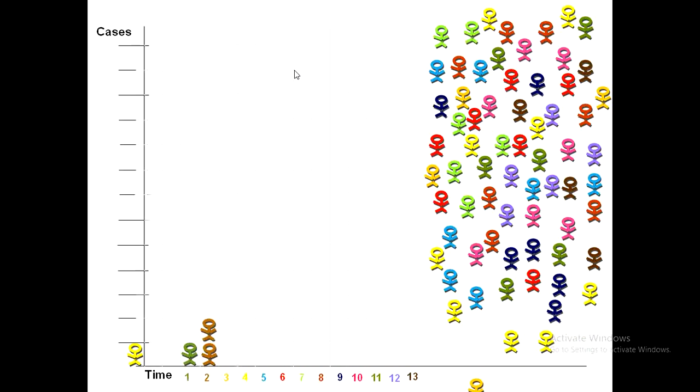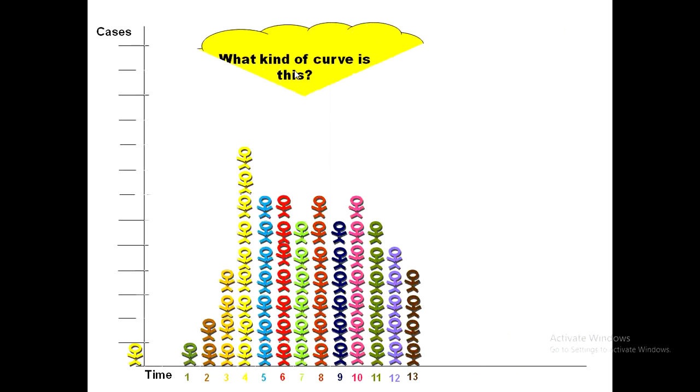Let's see another type of epidemic. As you can see, in this epidemic, the number of cases has started increasing from day 1. They have reached the maximum at day 4, and then there was a continuous increase and decrease in the population over a longer period of time.